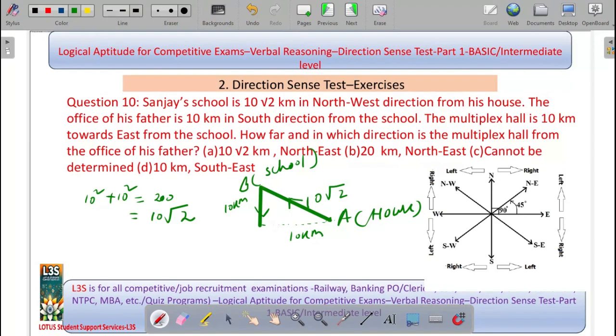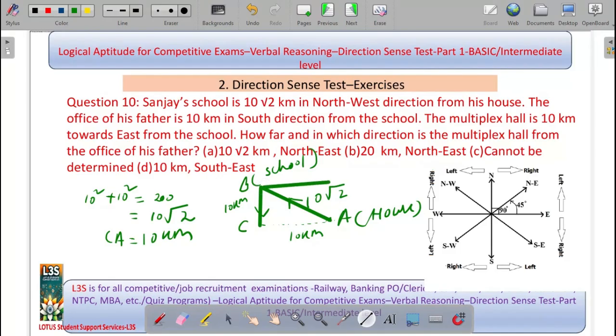So here, if AB is equal to 10 root 2 and BC is 10 kilometer, CA will also be 10 kilometer. The multiplex hall is 10 kilometer towards east from the school, so it will be the same in this direction.